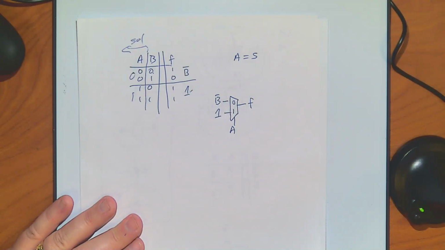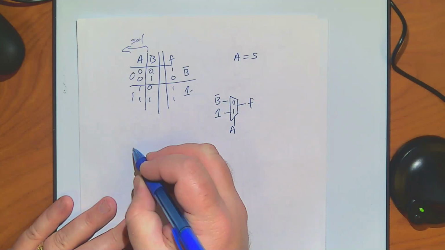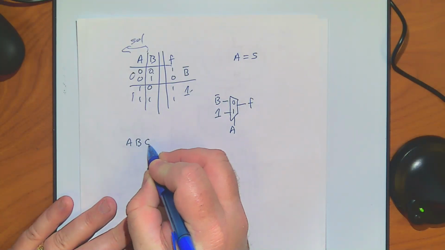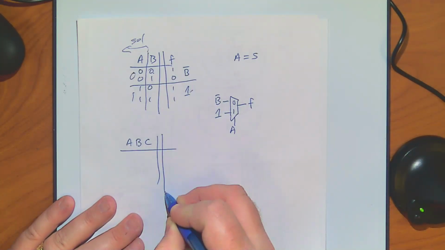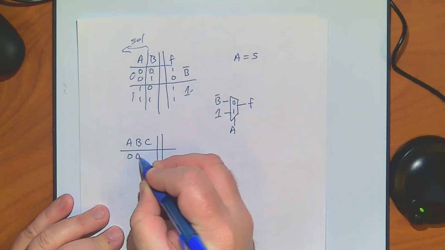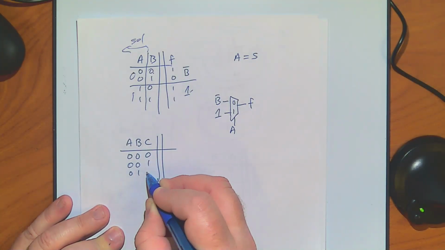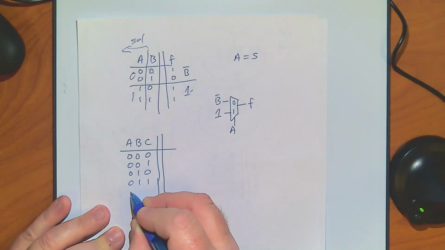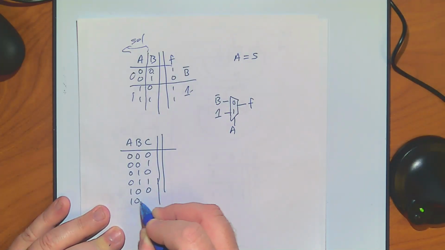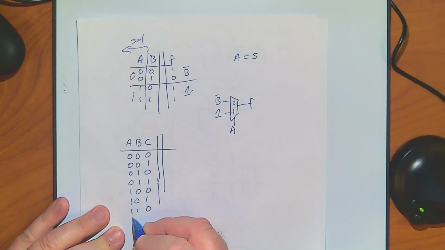This technique is really useful if you get the bigger ones. A, B, C: 0 0 0, 0 0 1, 0 1 0, 0 1 1, 1 0 0, 1 0 1, 1 1 0, 1 1 1. All right.